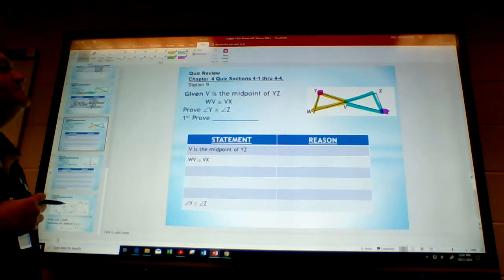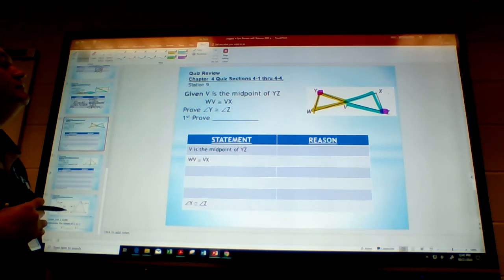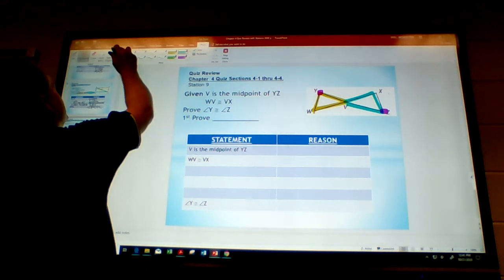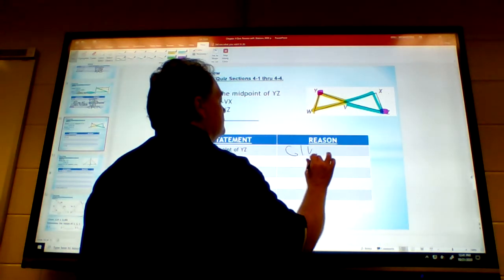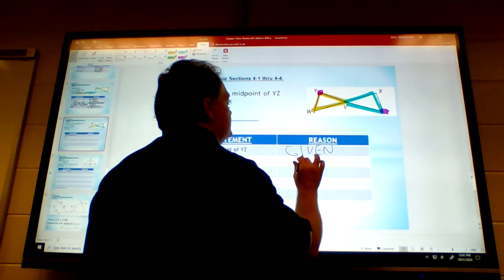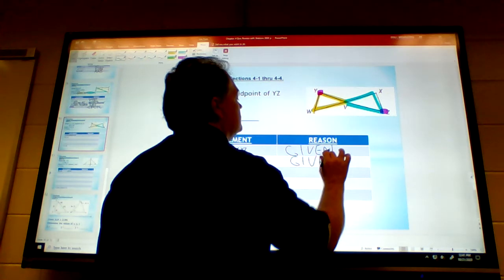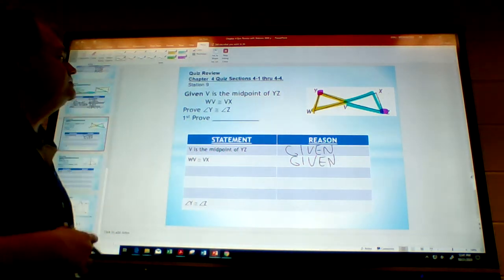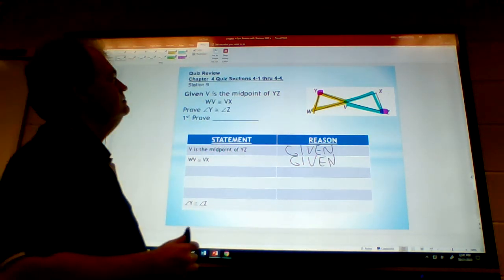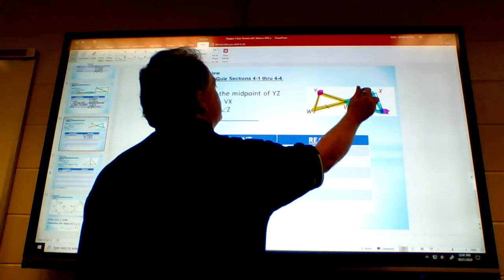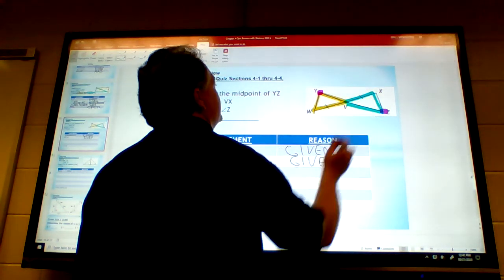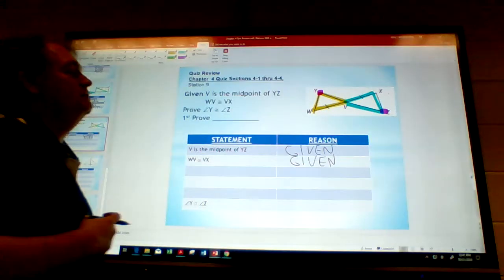I'm given that V is the midpoint of YZ, and I'm given that WV is congruent to VX. So we'll mark those on our diagram. That's given. And this is the given. All right, so I got VW is congruent to XV right there. Those two are congruent.